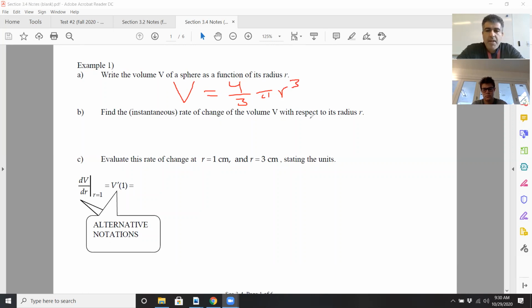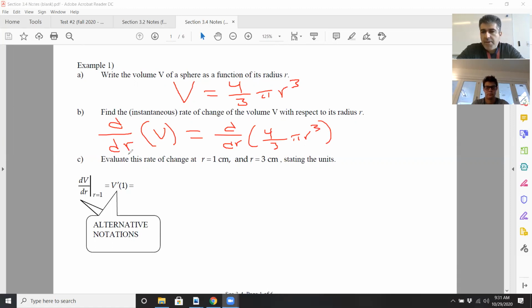So what this means is that you're taking the derivative. You're not using x because we have r instead. So you're taking the derivative of the volume, which means you're taking the derivative of 4/3 pi r cubed. Now, the whole notation thing: here we have an r, here we have an r. What if those letters are different?